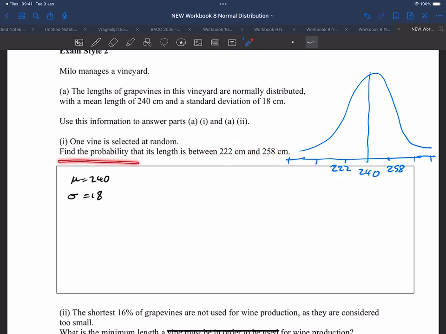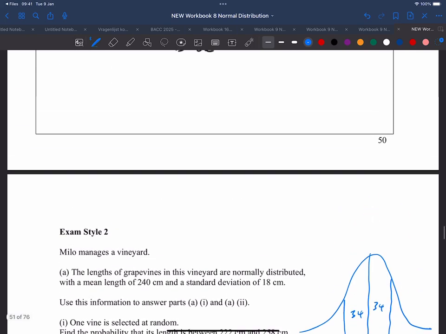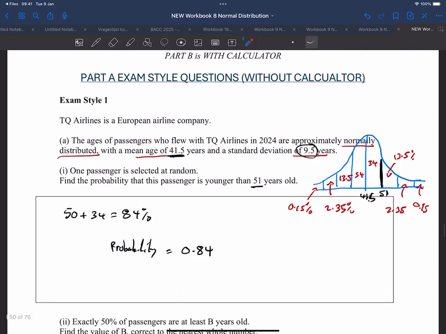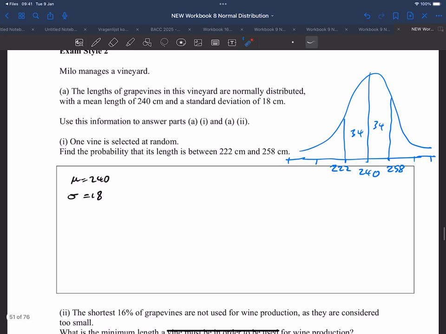I want to know the probability between these two numbers, which is one standard deviation this side and this side. We know this is 34 and 34, because we did this already up here, and you can remember these are 34, 34. So that is going to be 34 plus 34, which equals 68%. So the probability is 0.68. That's the probability of this.